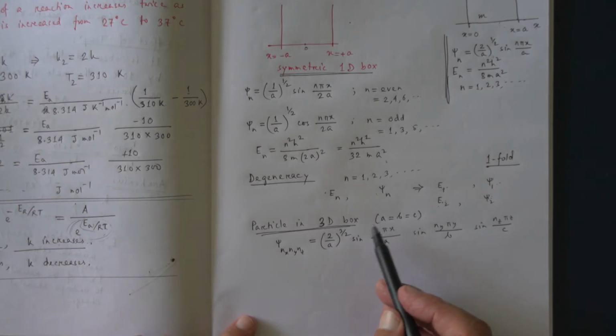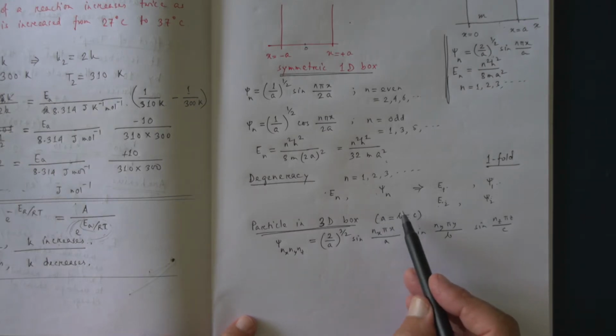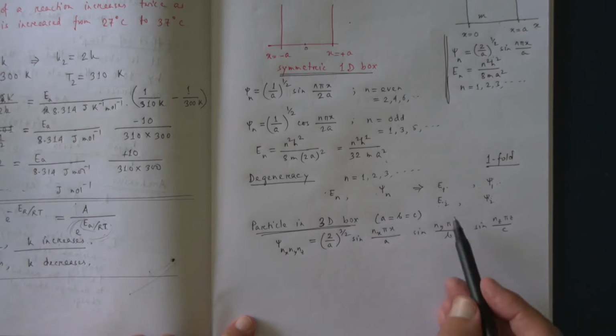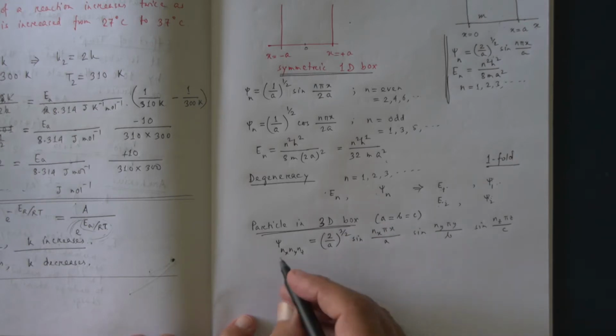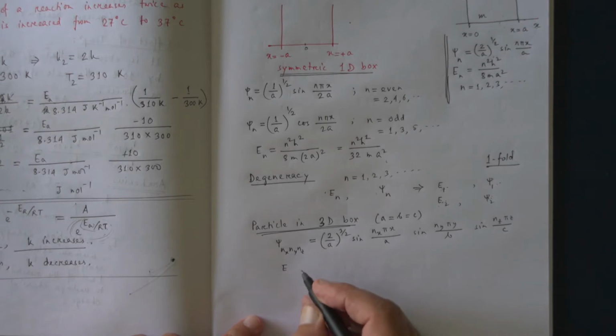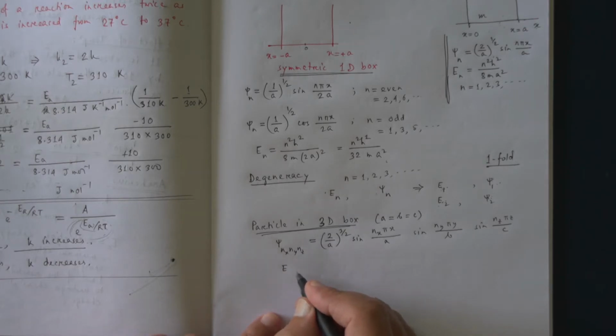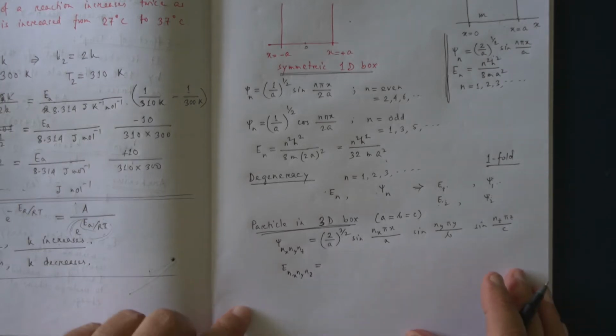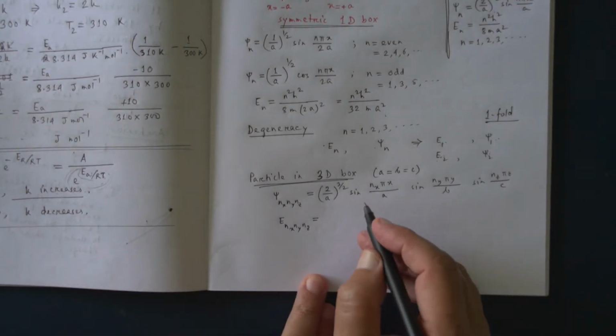When we have a symmetric system like a cube, we get degeneracy. And energy again depends on three quantum numbers. We may write it like this: nx, ny, nz. So what is the energy?